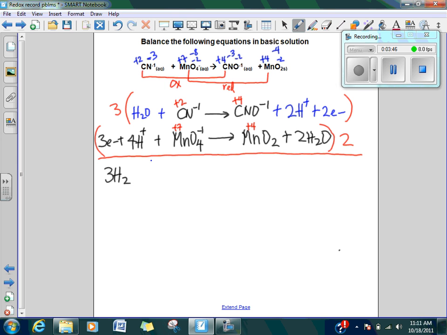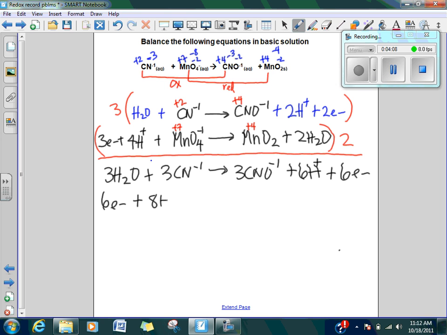So I have 3 waters, 3 cyanides, then if I do the other one where I've multiplied everything by 2, I have 6 electrons here, I have 8 hydrogen ions, I have 2 permanganate ions, I have 2 manganese dioxide, plus 4 waters.